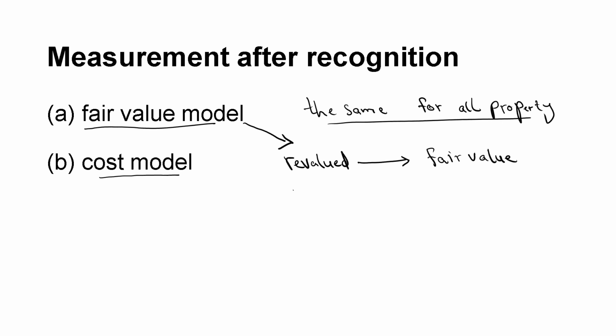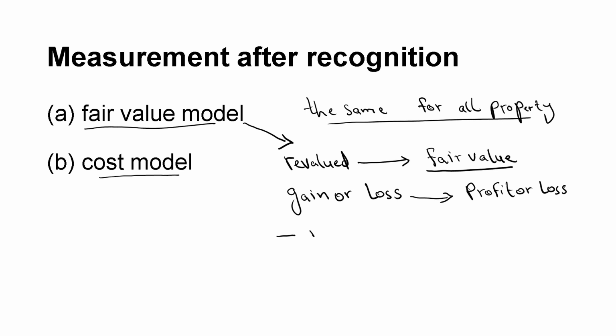And any gain or loss that may arise from change in the fair value of investment property from one date of financial statement to the other date of financial statement is recognized in profit or loss account for the period in which that gain or loss has arisen. Another thing about the fair value model is that in this model the investment property is not depreciated.